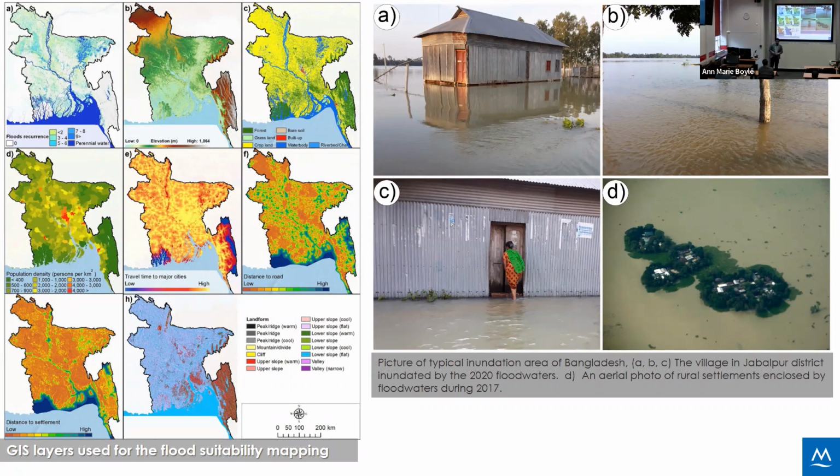Because not all elevation areas, or high elevation areas, are always inundated, so that's why we use the elevation. Then land cover: what kind of land cover is suitable for a flood shelter? This is up to you, but do you want it in the middle of cropland, or do you want to go to the forest? I think if we select forest land for a flood shelter, it's not going to help.